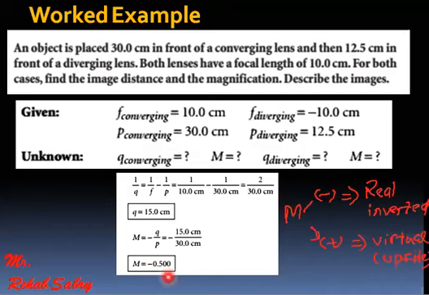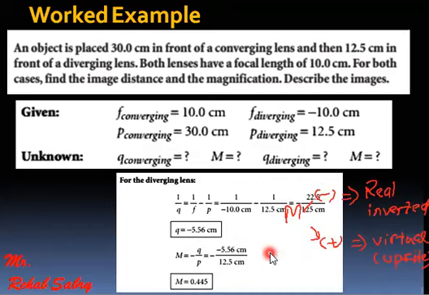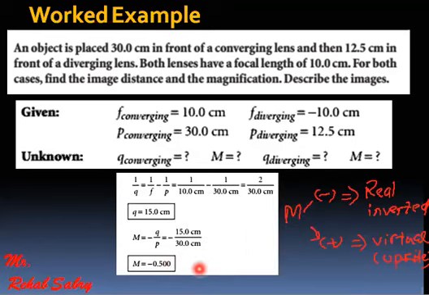Okay, here it's negative because it's inverted or upside down. Here it's positive because it's virtual or upright. Here it's smaller than 1, not because it's negative. Negative is the sign. I'm talking about the magnitude. So here it's diminished. The image is half the object.